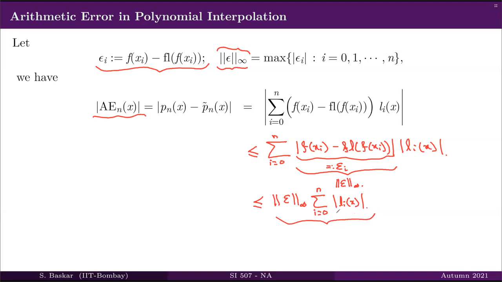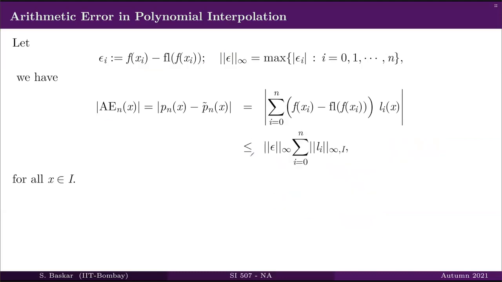For that, we will again dominate each term in the summation by its infinite norm over the interval in which we are interested, say I. Since Li of x is a continuous function, you can always find the infinite norm of that function over the interval, and then dominate mod Li of x by this infinite norm. That will finally give us the estimate as norm epsilon into sigma i equal to 0 to n infinite norm of Li.